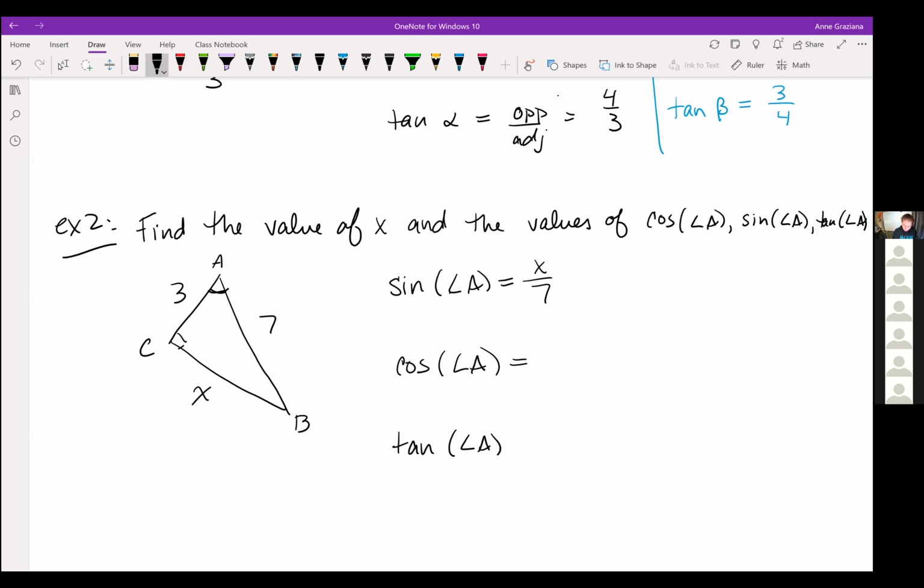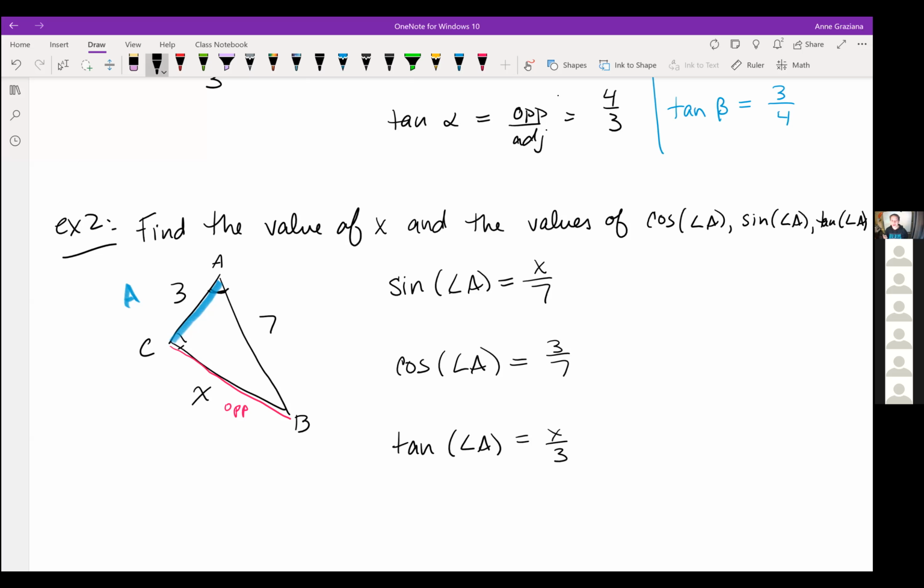It's x/3. Oh wait, no, 3/7. Yeah. If it helps, take a minute and realize this is adjacent, and this one over here is opposite. And then what's tangent? That's x/3. Yeah. Very good.